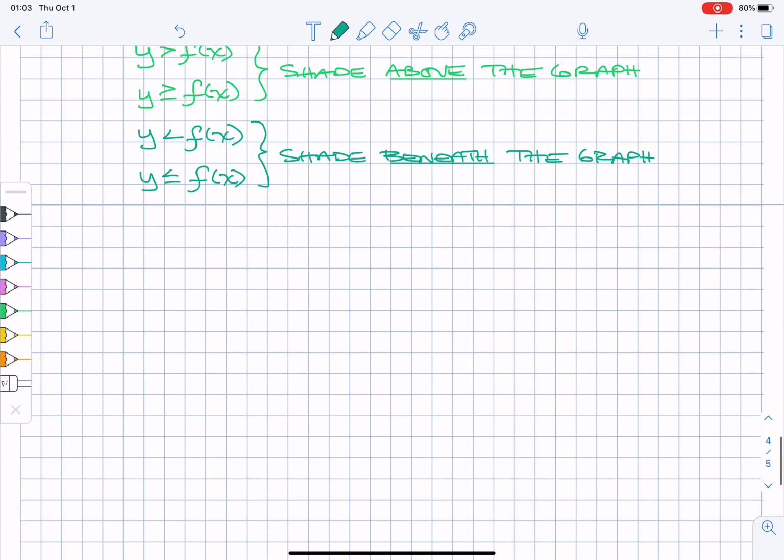Okay, so let's see what we mean by this. So for example, let's plot the following nonlinear inequalities.